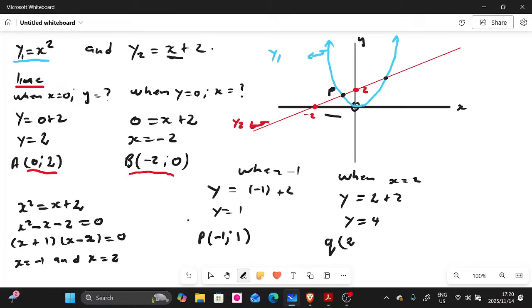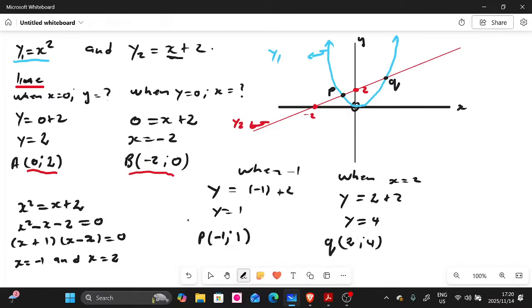When x is 2, y is gonna be 4. Q is this point here, guys. It makes sense again, because as you can see, our x is positive this side. Do you guys see? As you can see, our x is 2 there. So it makes sense. Okay, so that's how you get the intercept.